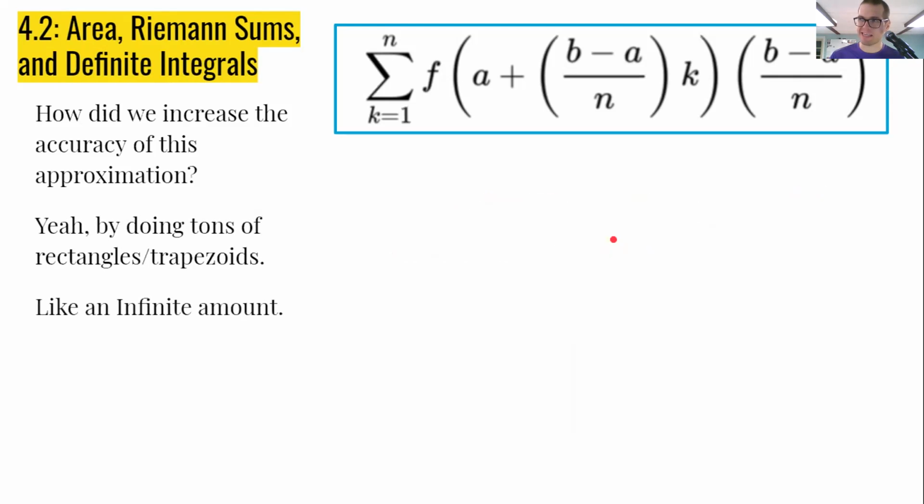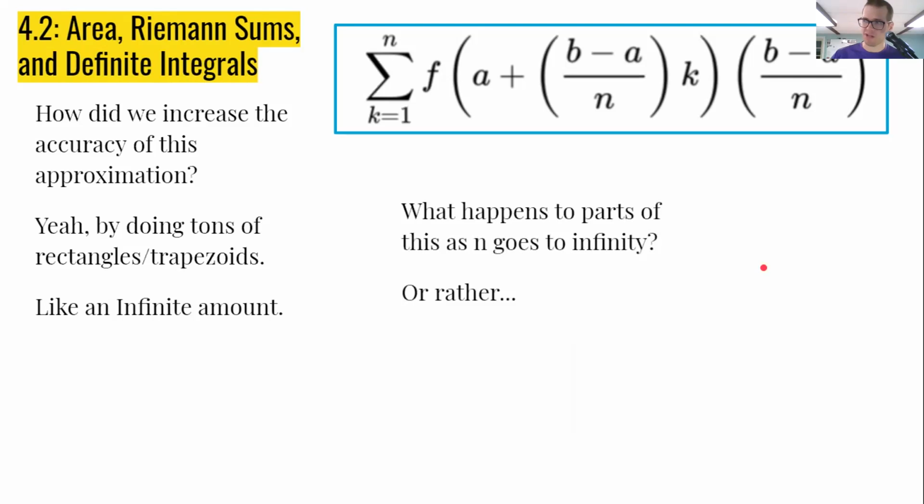And if you keep going and do more and more and more, which the automation process allows you to do, then, folks, we're getting towards an infinite amount. Which, if you haven't figured out, that's a big part of calculus, talking about infinity quite a bit. And again, what happens to different parts of this as n goes to infinity?